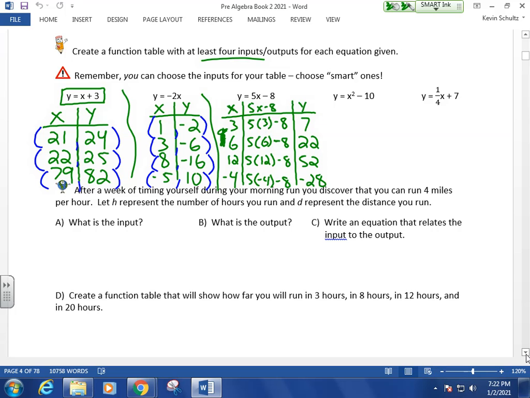The next one, y equals x squared minus 10. Again, xy table here. If you want to put the rule in the middle, that's great practice. What happens when x... here's an example too of being able to pick your own inputs being important.